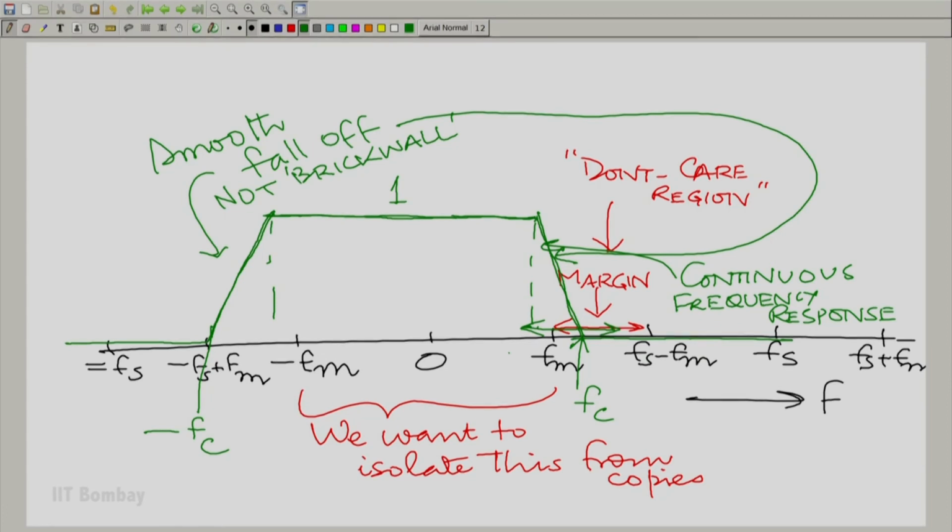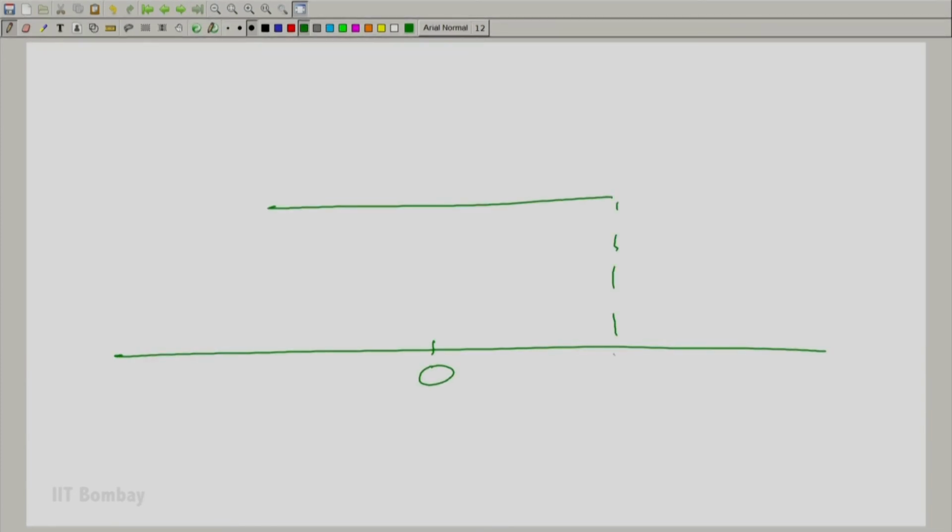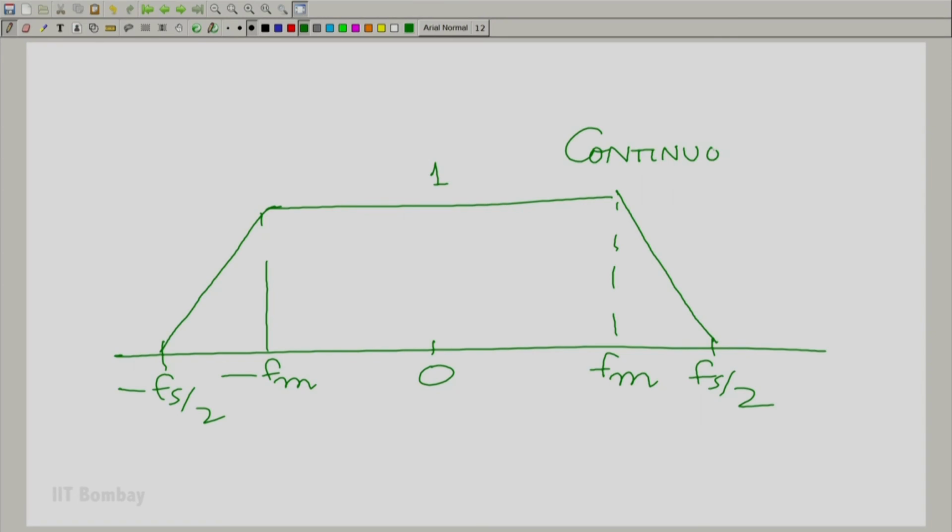So, Fs by 2 is the maximum possible Fm that you can have, or just beyond the maximum possible Fm that you can have. So, essentially you could have an H(F) that looks like this, flat up to Fm, and drops smoothly up to Fs by 2. This is a continuous frequency response.